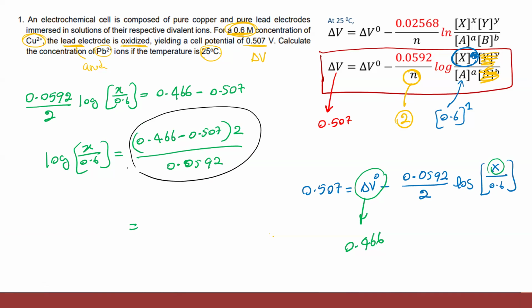Are you sure that we get this big number? 0.466 minus 0.507, so it is negative. So this part is negative 0.041. And we times that by 2 divided by 0.0592. So that will be negative 1.385.